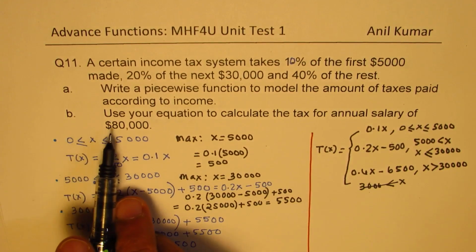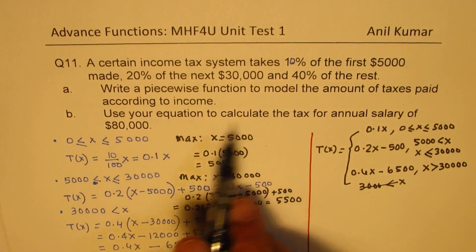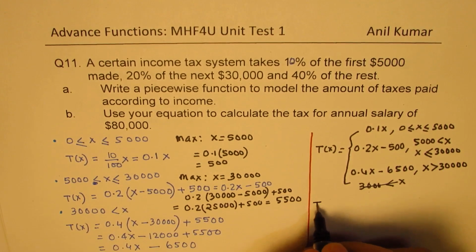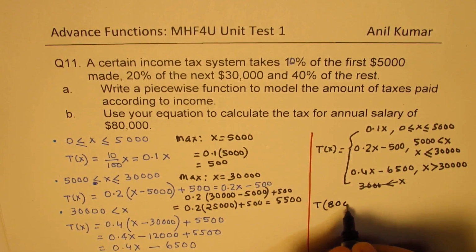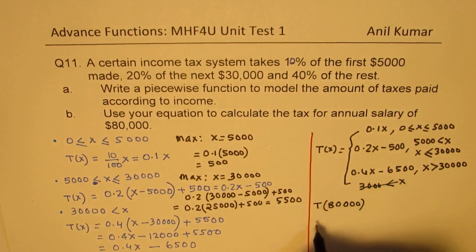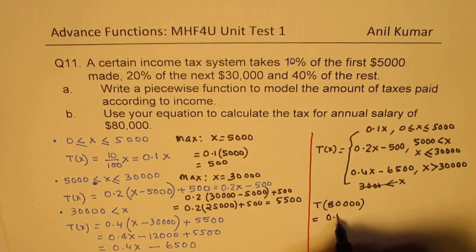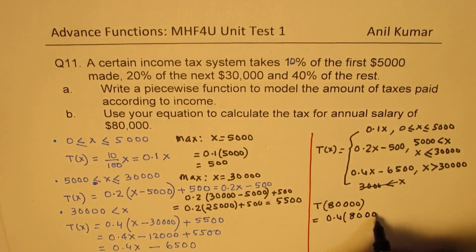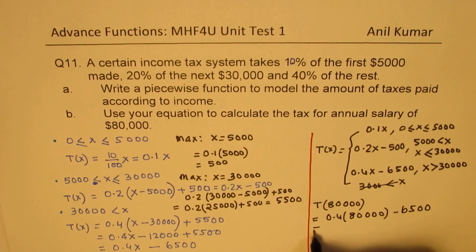Now the second part of this question is to find the tax for 80,000. So let's calculate. 80,000 means the last bracket, correct? So it is equal to 0.4 times 80,000 minus 6,500, correct?